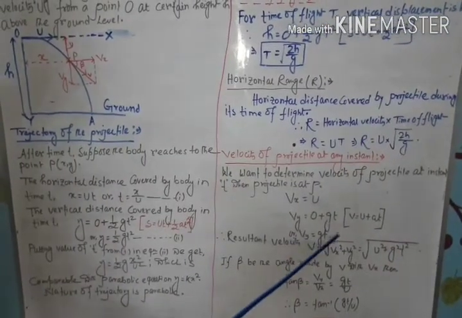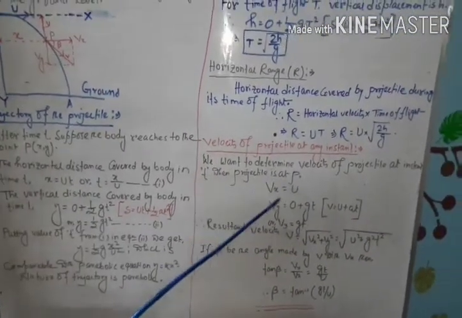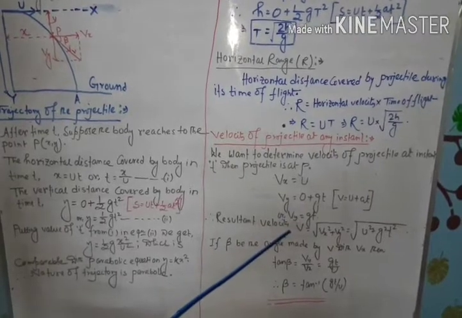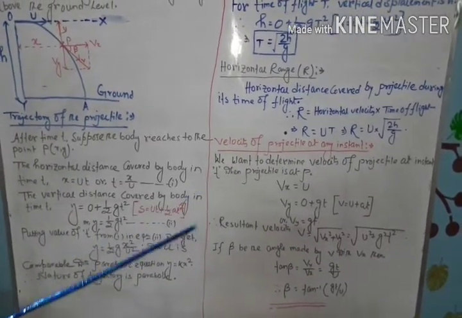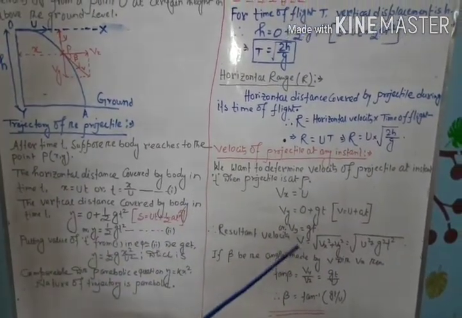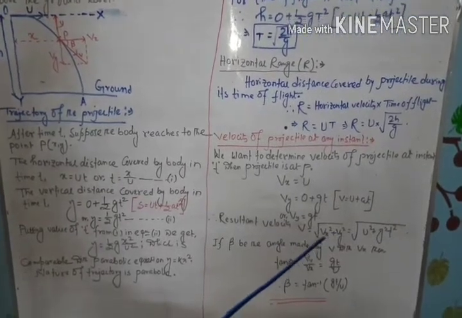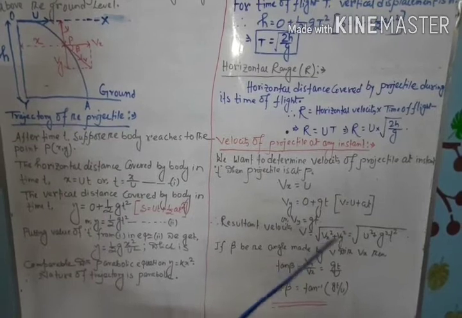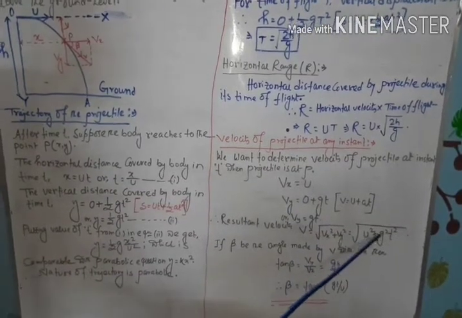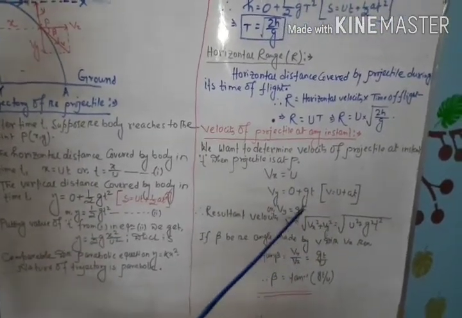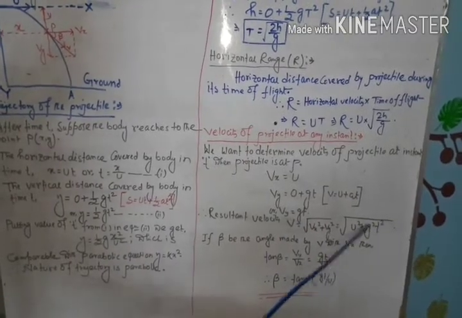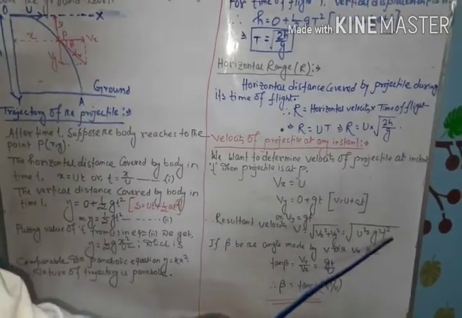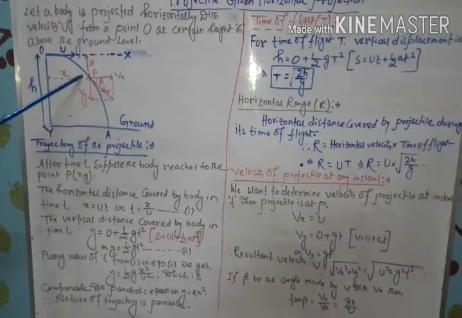Therefore Vy equals g t. As Vx and Vy make an angle of 90 degrees, the resultant velocity can be calculated by the formula V equals root over Vx square plus Vy square. Putting the values, V equals root over u square plus g square t square. This is the magnitude of the resultant velocity at the point P.